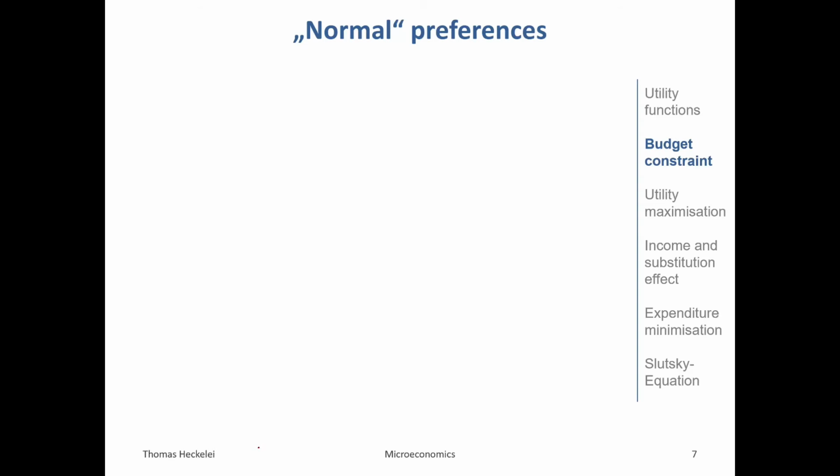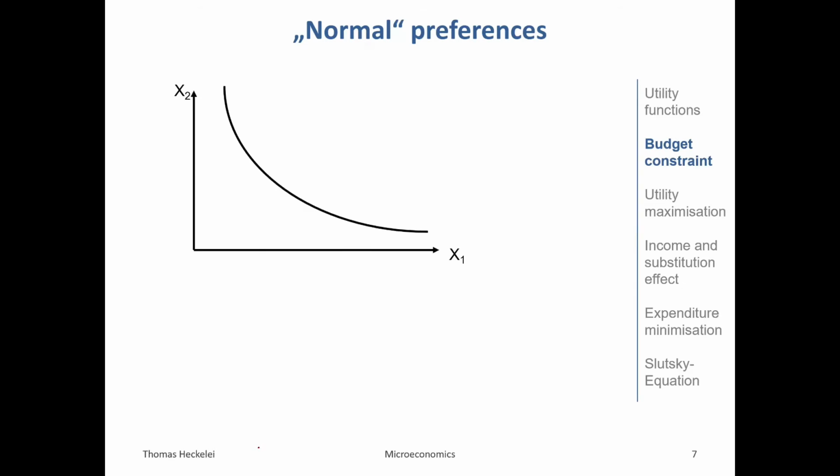Now let's look at something more normal, a normal preference. What does that mean now? The normal preference will be characterized by a curve, not a straight line anymore. One example is U equal to X1 times X2, which we have seen last week.